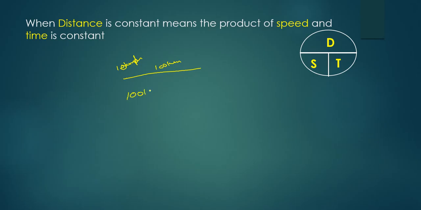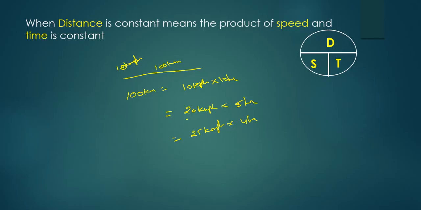The time taken is 10 hours. If you are traveling at 20 kilometers per hour, the time taken will be 5 hours. If you are traveling at 25 kilometers per hour, the time taken will be 4 hours.